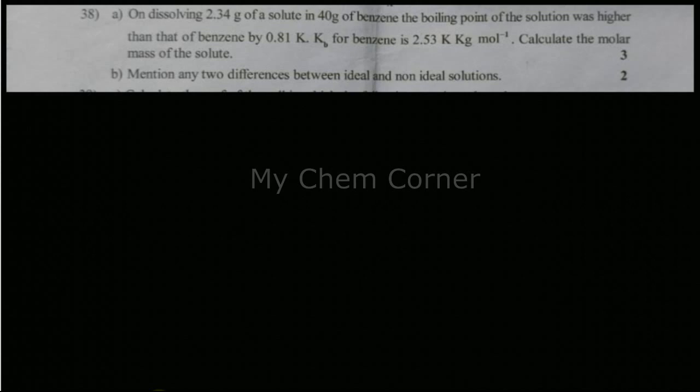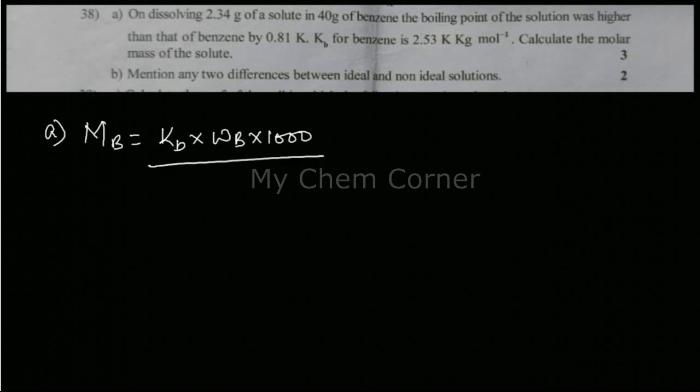So here it is a problem on elevation in boiling point. So let's see first the formula. I'm just writing the formula that MB is equal to KB into WB into 1000 by delta TB into WA. Alright, now here you need to know what is WA. WA is for solvent and WB is for solute.